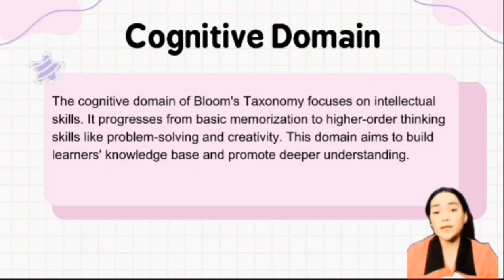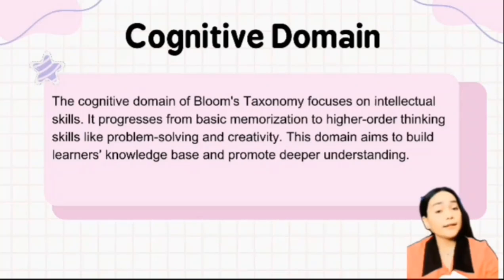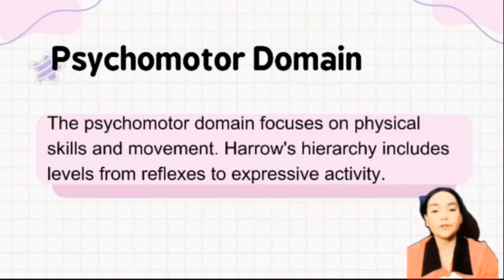It was the first domain created by the original group of Bloom's researchers. The cognitive hierarchy extends from simple memorization designed to build the knowledge of learners, to creating something new based on previously learned information.